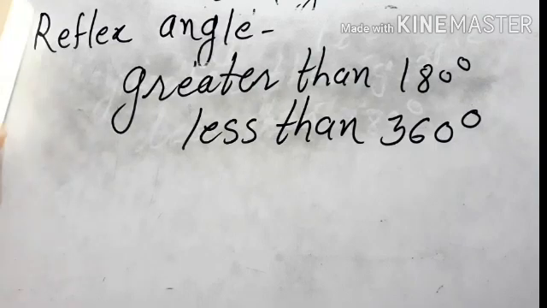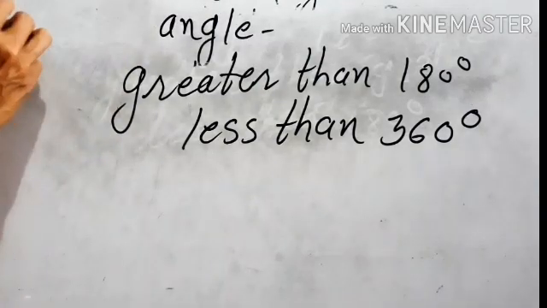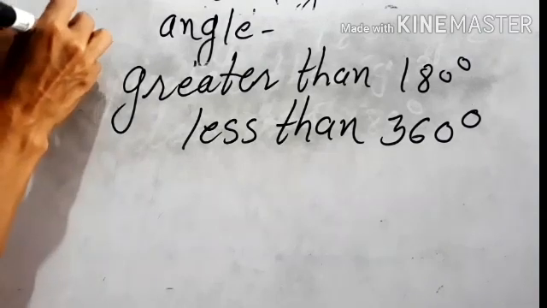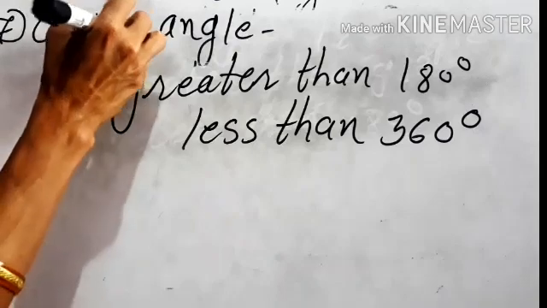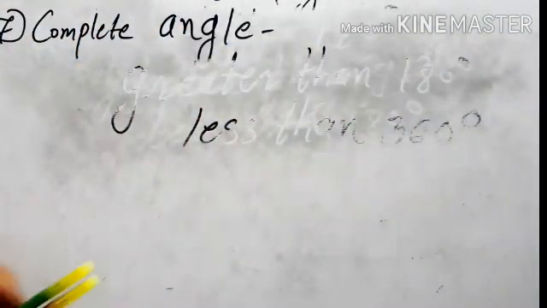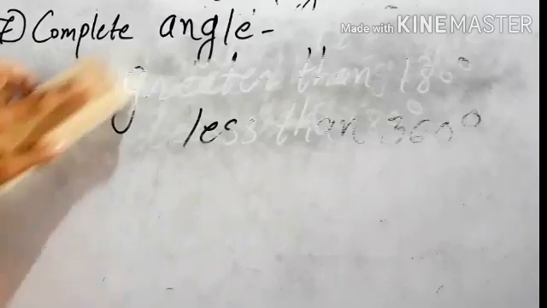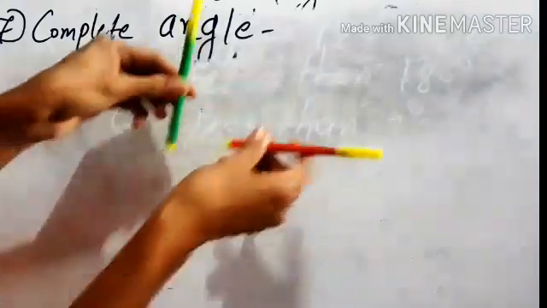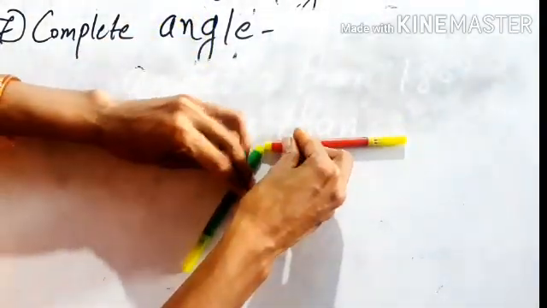And our last type is the complete angle. Now what is meant by complete angle? When we complete one rotation, that time it will be the complete angle. That means here it was the reflex angle.